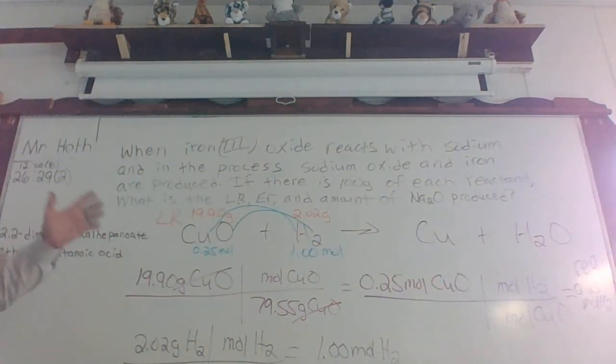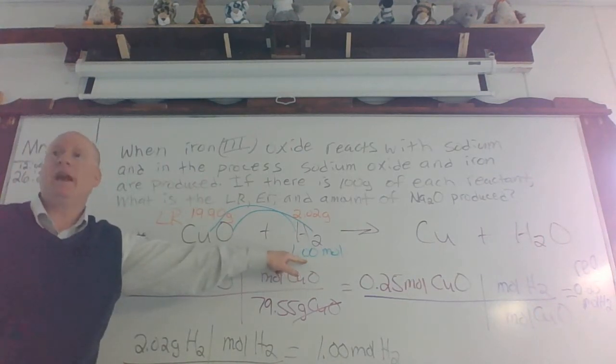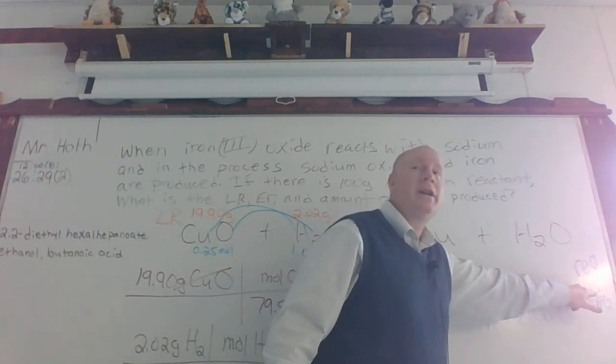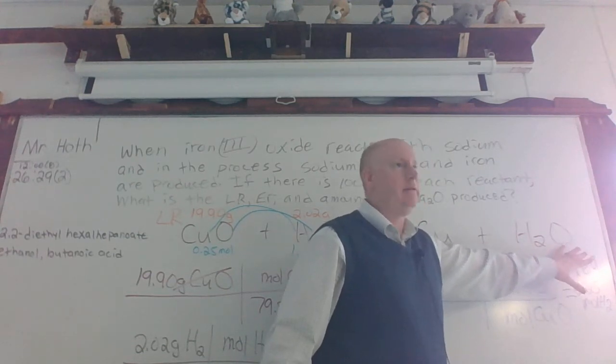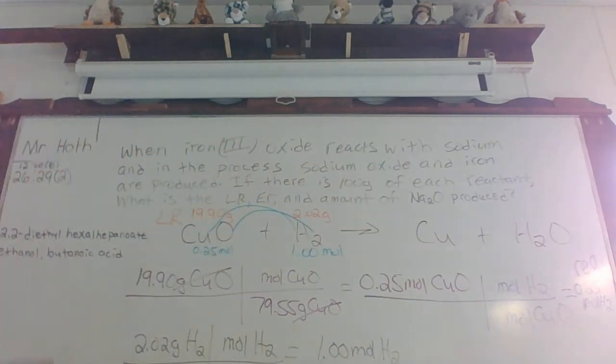How much did we originally have? Remember, we said you have $1 worth. We need to have 25 cents worth. So do we have enough hydrogen? Yes. You might say, well, we've already proven what our limiting reactant is.